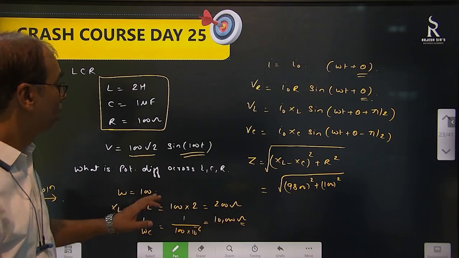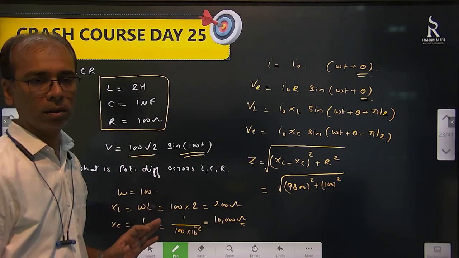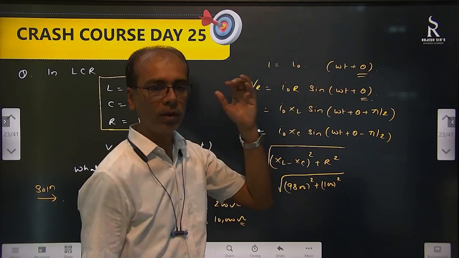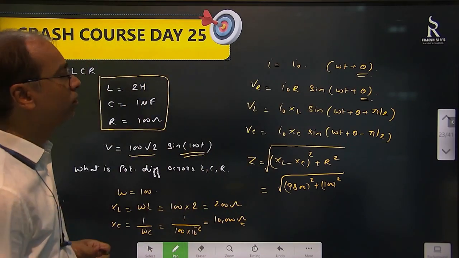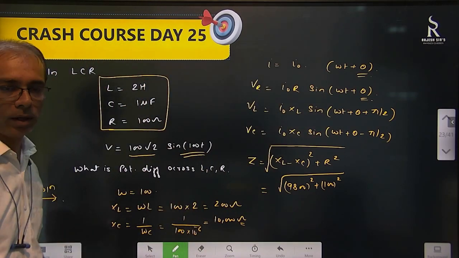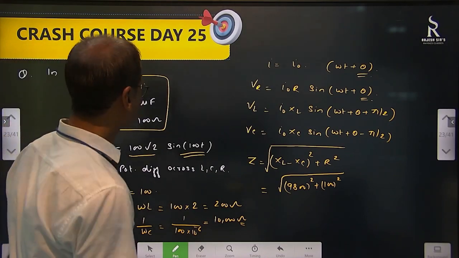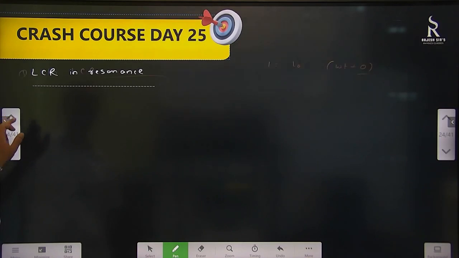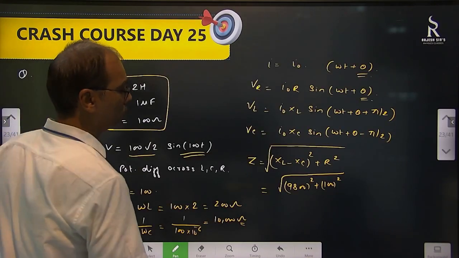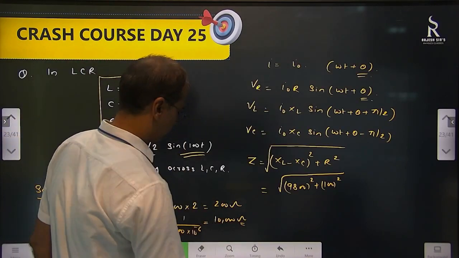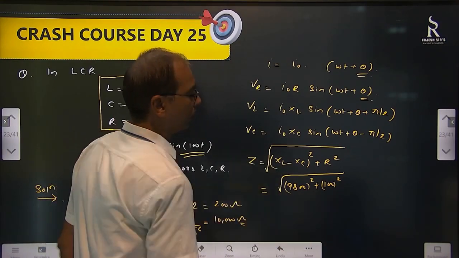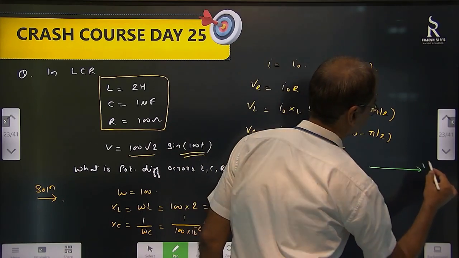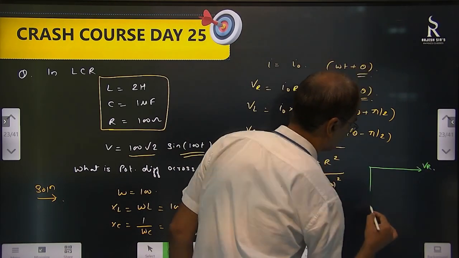But still, what is the phase difference between supply and current? That is the theta we have been talking about. Once theta is known, we will know everything. So that theta only we have to find. Let's find theta here. If we make a phasor diagram, this is VR, and here is VC minus VL.